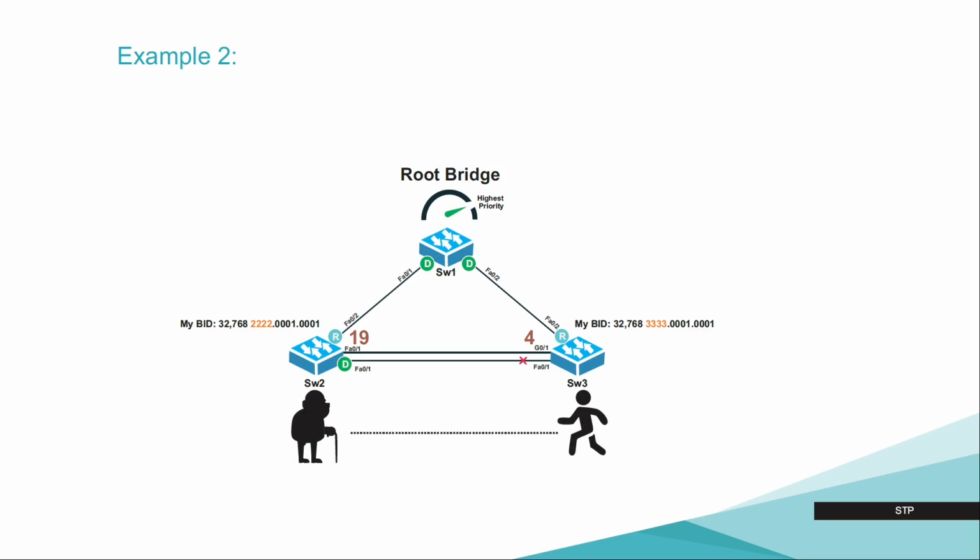And the answer is no. The reason is that interface G0/1 and interface FastEthernet 0/1 will negotiate the speed, and since interface FastEthernet 0/1 cannot send data faster than 100 megabit per second, interface G0/1 will reduce the speed and become a Fast Ethernet interface instead of a gigabit interface.